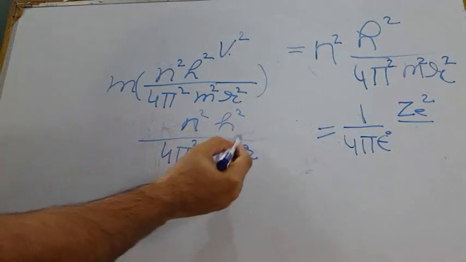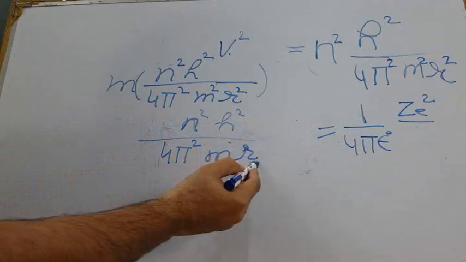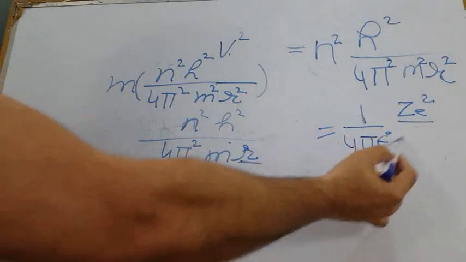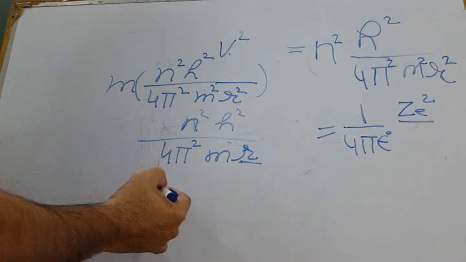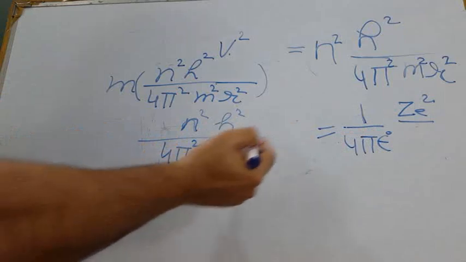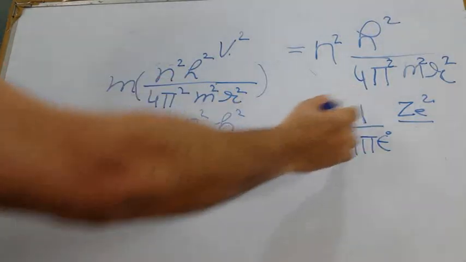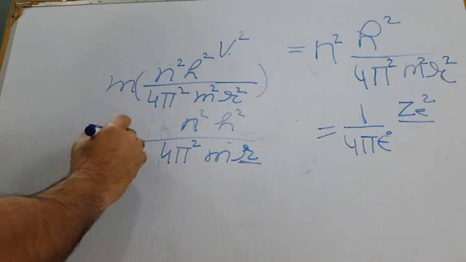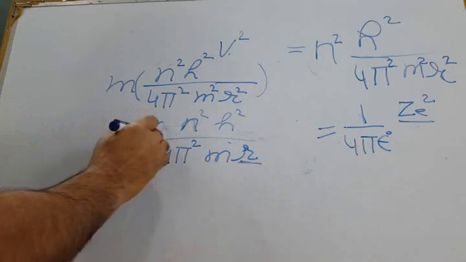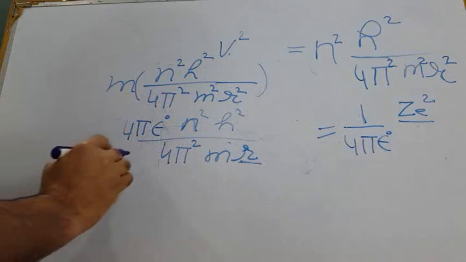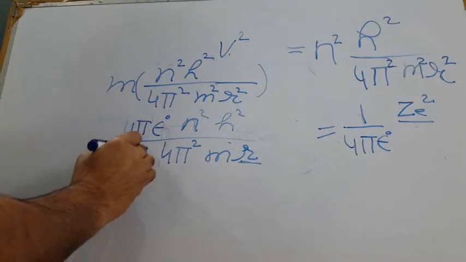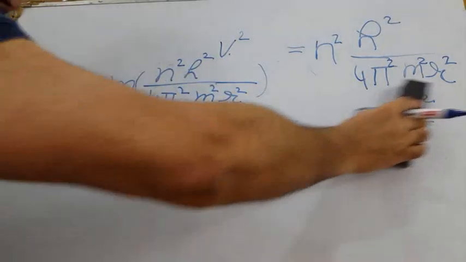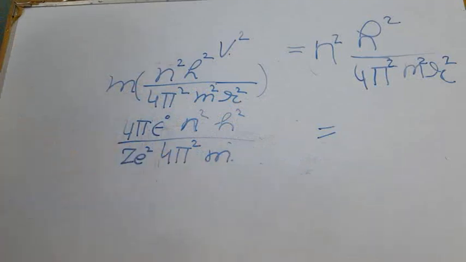Let us now find r from this equation. What would happen? This side goes on this side. If that comes on this side, then what should happen? z e square should go down and 4 pi epsilon 0 should go up. So here I am writing 4 pi epsilon 0 and down z e square, and r is going this side.